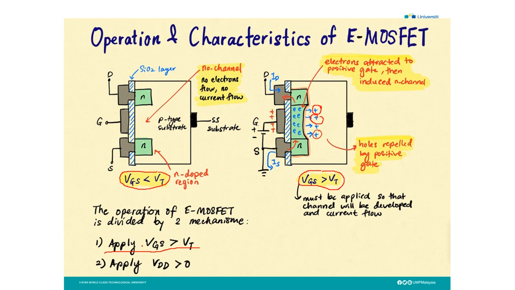So for the first one, when we apply the VGS, it will induce the channel. So the gate controls the amount of the current. And then the second one, when we apply the VDD, it will generate the current, whether we want to increase the amount of the current or have less current.